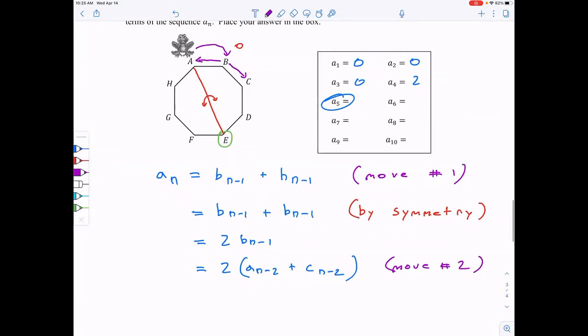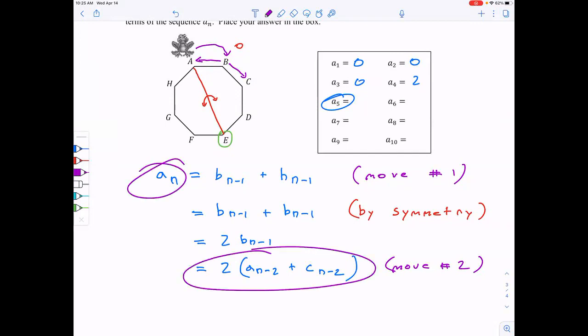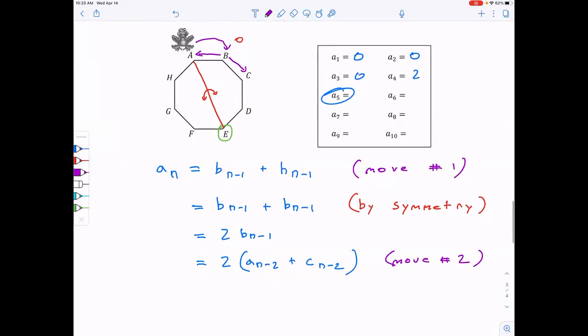Okay, so we're on our quest to write everything in terms of A. And right now we have A in terms of A and C. So we need to sort of get rid of the C. Okay, so what can we do next? Maybe let's think about move number 3. So from C, the frog either goes back to B or it goes to D. So we can write 2, A sub n minus 2.